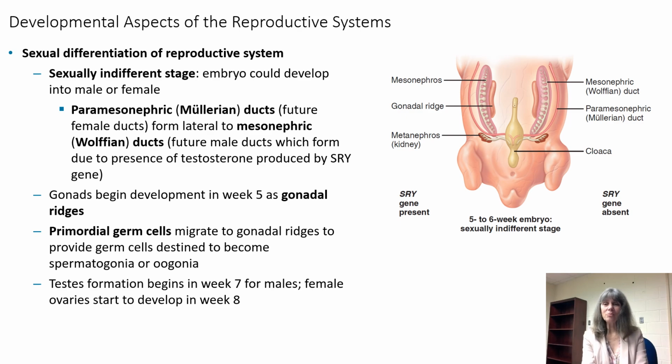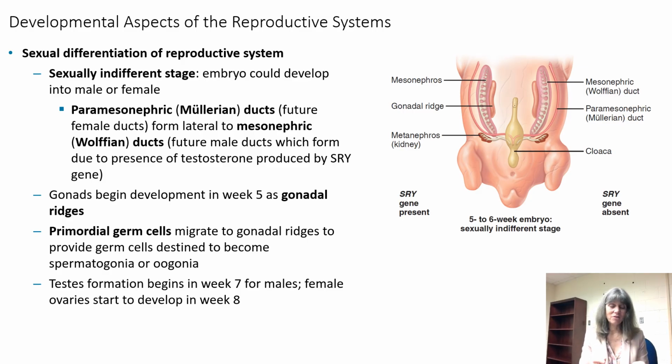And in the presence of this SRY gene, the male ducts will form and continue to develop. In the absence of the SRY gene, female ovaries will start to develop around week 8. So it's that sex-determining region on the Y gene which is only present in males. There are no Y chromosomes in females.